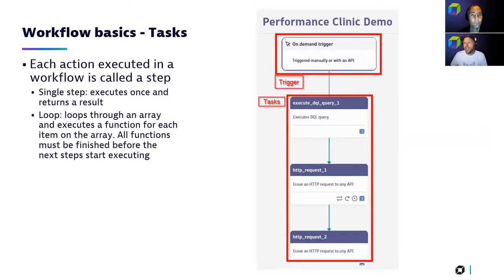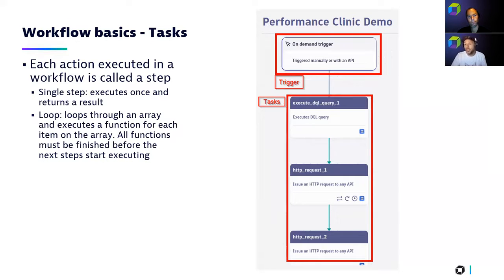After we decide how we are going to start the workflow, we have to decide what we're going to do. And what we do is divided into tasks. So I can glue several tasks together, and each task is going to be a simple execution that can be a DQL execution, where I want to query Grail for information.